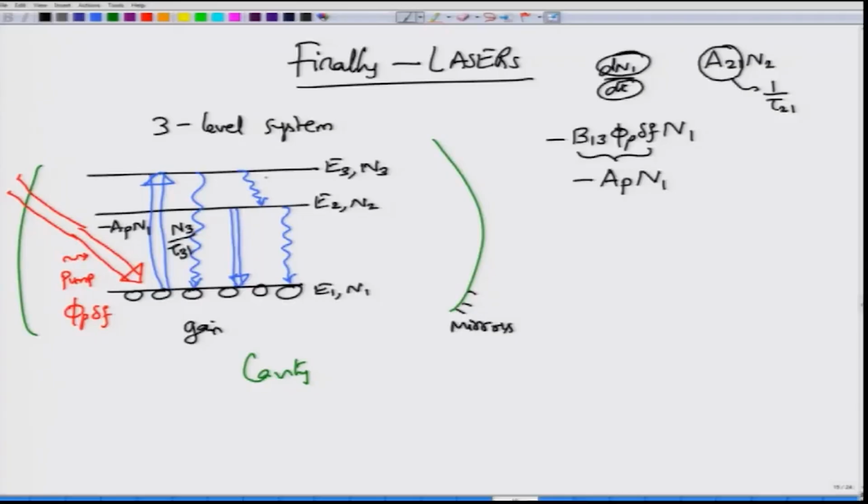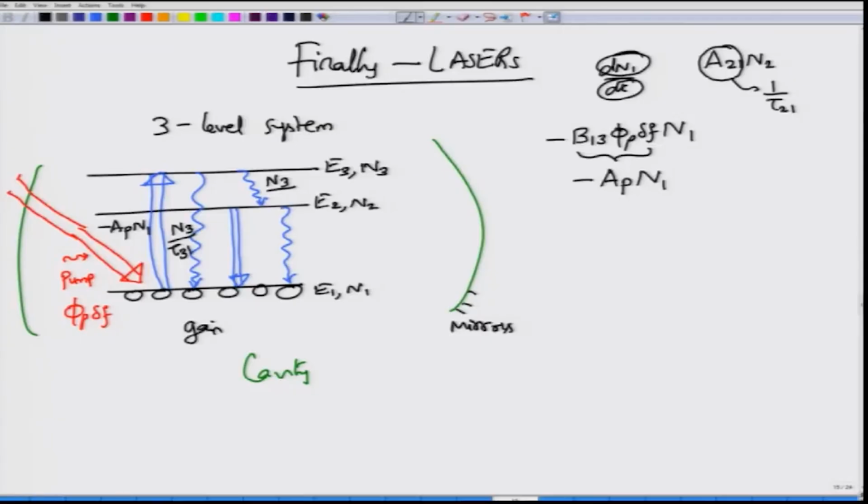Similarly, and this is much more probable, because atoms like to go from E3 to E2. The reason I have put a wavy line in these two is that these reactions are non-radiative. That means they do not give out any photons, but serve only to deplete the population.